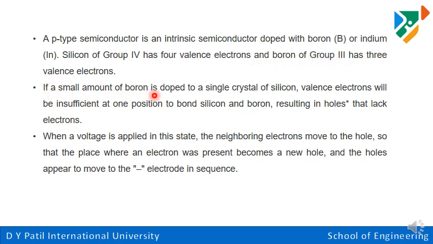If a small amount of boron is doped into a single crystal of silicon, valence electrons will be insufficient at one position to bond silicon and boron, resulting in holes that lack electrons. When a voltage is applied in this state, the neighboring electrons move to the hole, so the place where an electron was present becomes a new hole, and the hole appears to move toward the electrode in sequence.